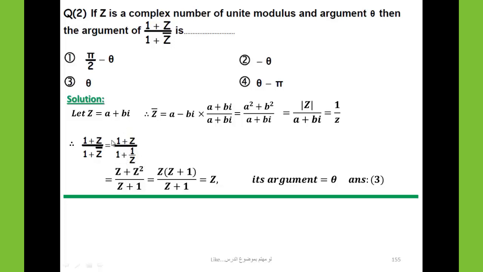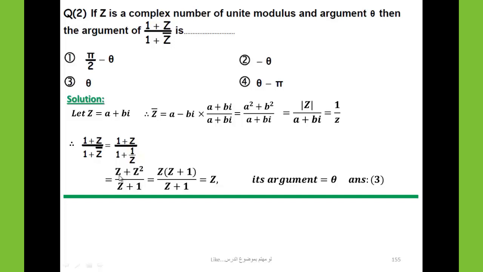Now, to simplify this fraction, multiplying up and down by z. Z multiply 1 equals z. Z multiply z equals z square. Z multiply 1 equals z. Z multiply 1 over z equals 1.